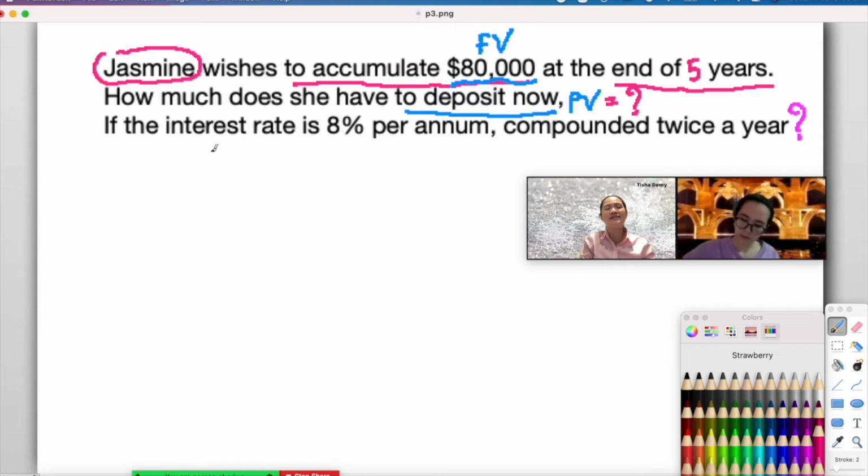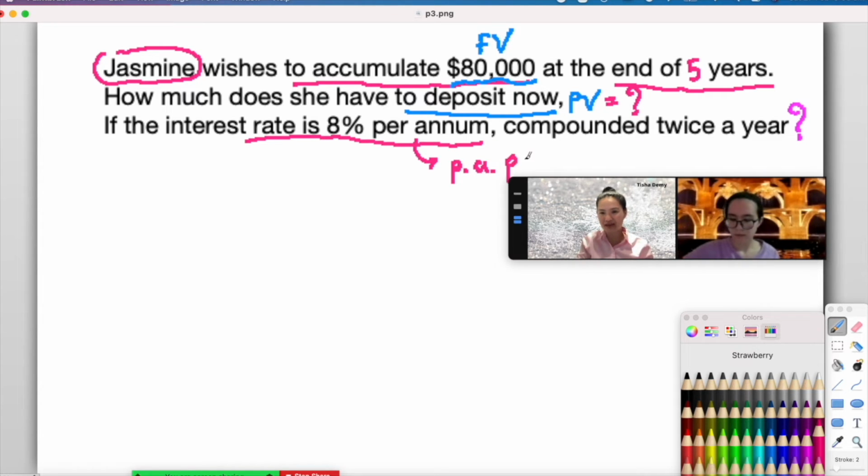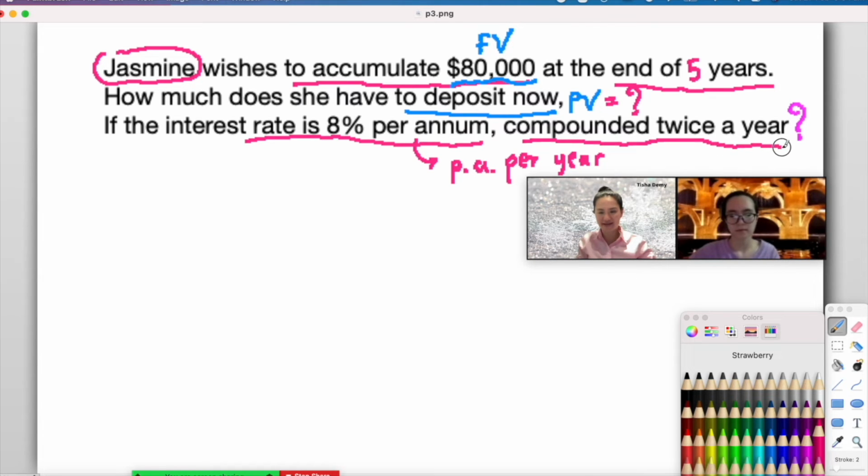And the interest rate is 8% per annum. Per annum, if you guys are not sure, means per year. Another piece of information is compounded twice a year.